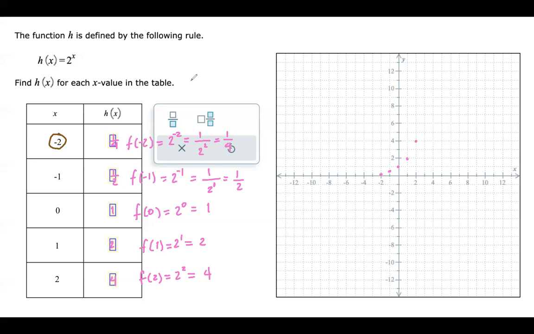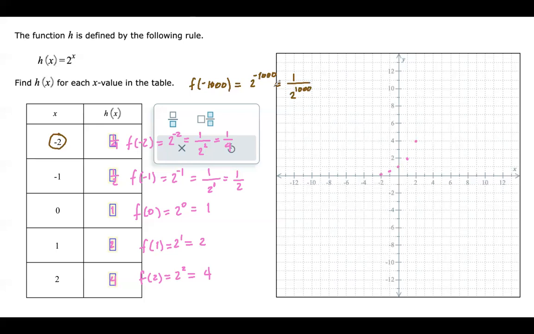So let's say that we have f of -1000. So that's going to make this 2 raised to the power of -1000. So that's going to be 1 over 2 raised to the power of 1000. That is going to be very close to 0, but never reaching 0.